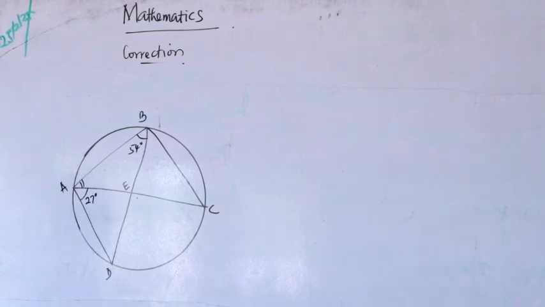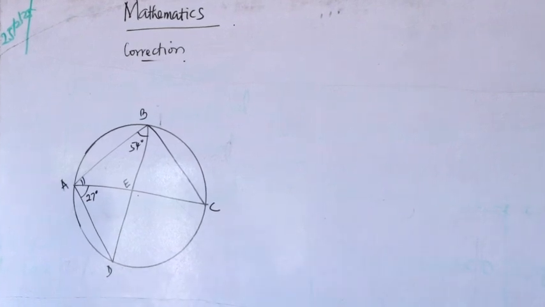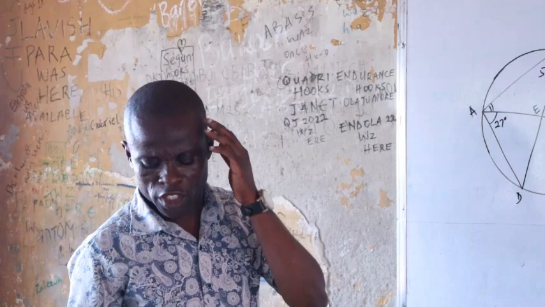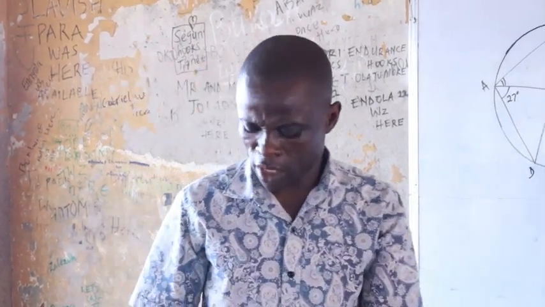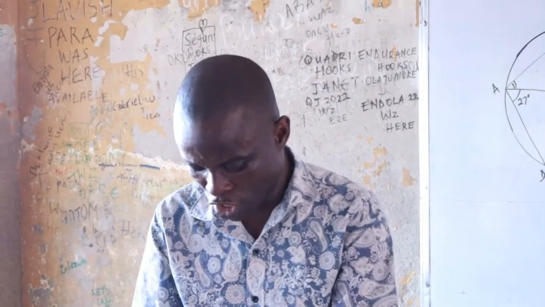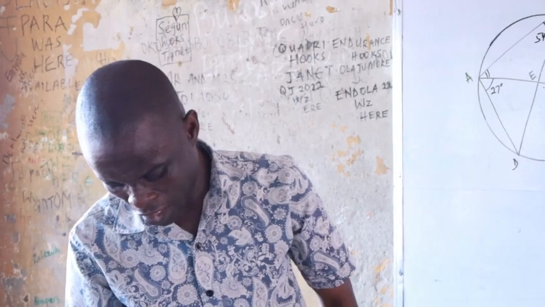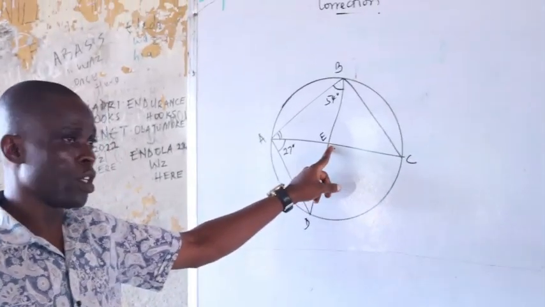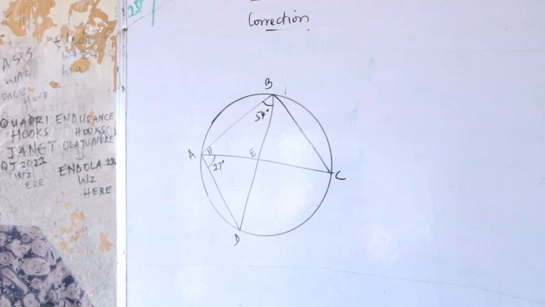Now, corrections to the assignment. The question is: the diagram below is a circle passing through the points A, B, C, and D, such that AC and BD meet at a point E. This is a point E inside the circle.